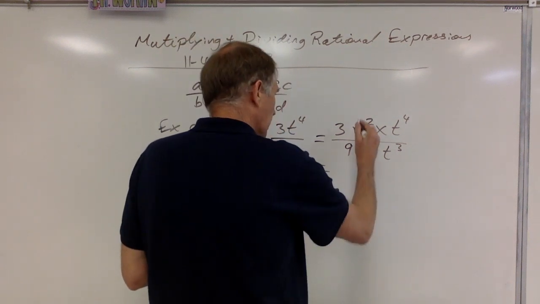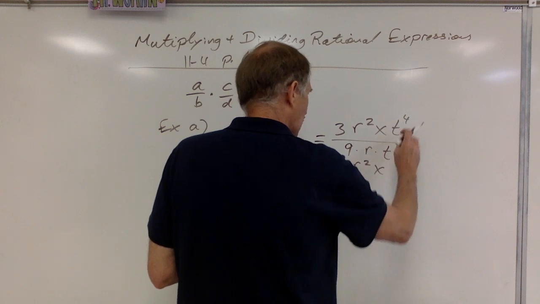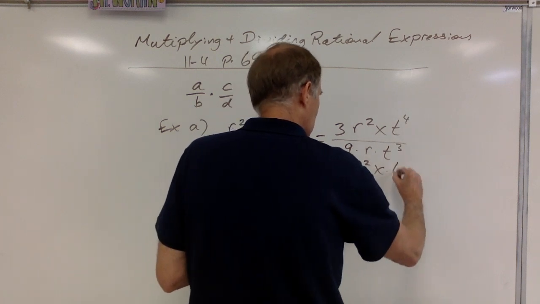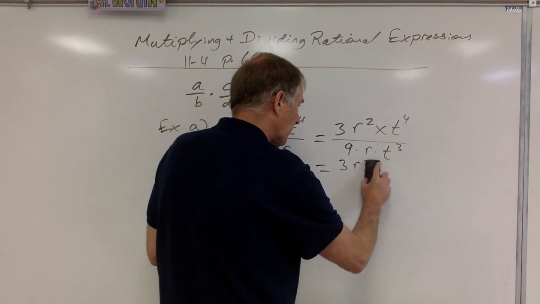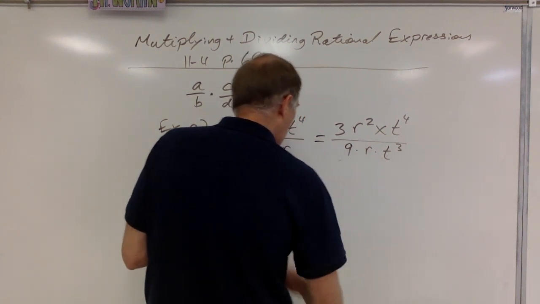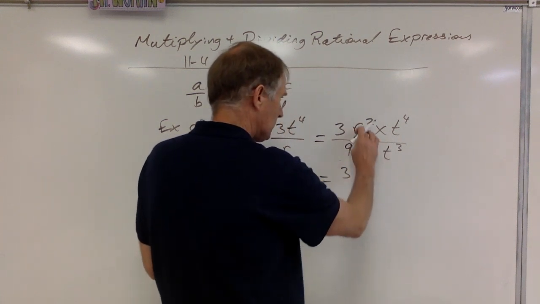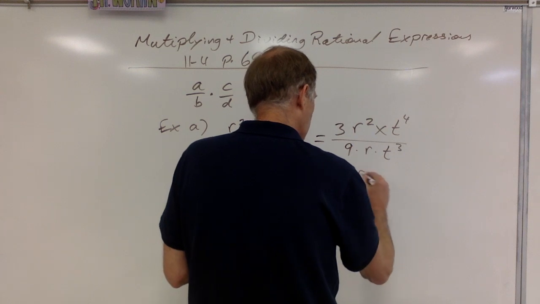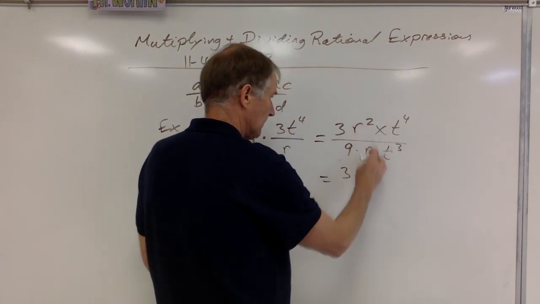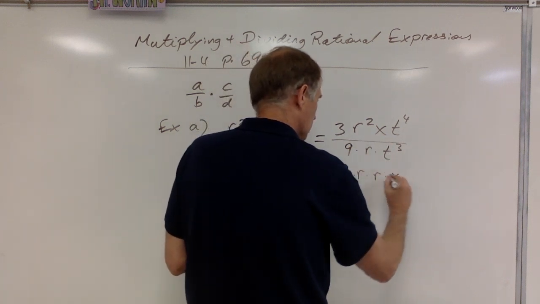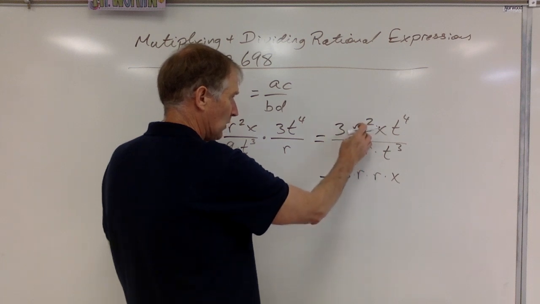So this is going to be 3 times r times r times x. Why did I do that, r times r? Because there's an r down here that's going to cancel with one of these r's.